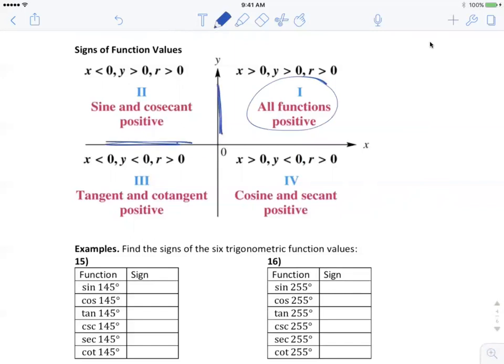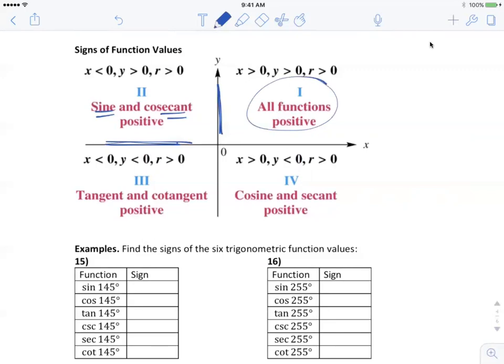Y is still positive though. So anything that is sine, because sine goes with y as far as the definition goes, sine is positive, and therefore so is cosecant. Everything else would be negative, so cosine, secant, tangent, cotangent, all of those are negative.